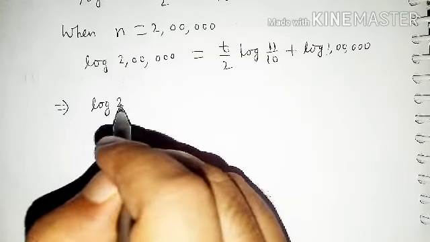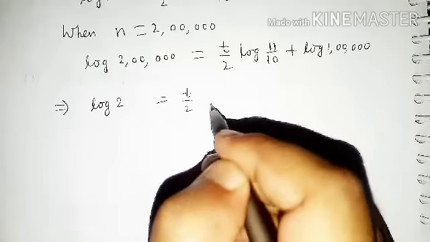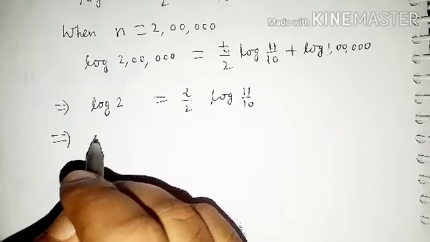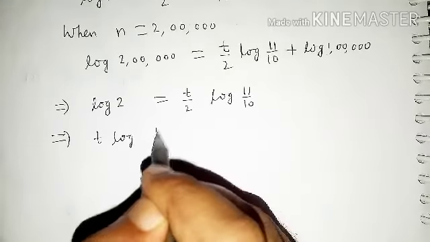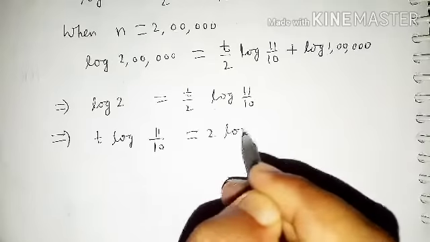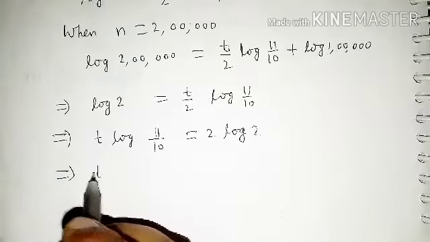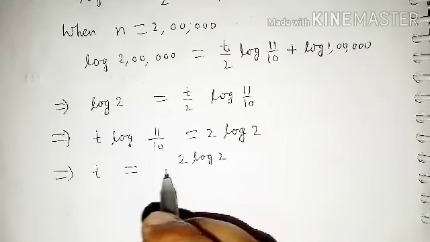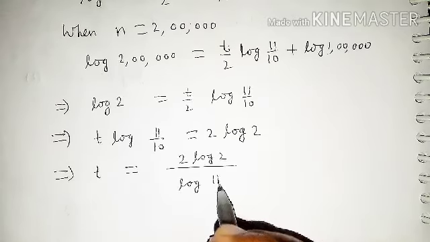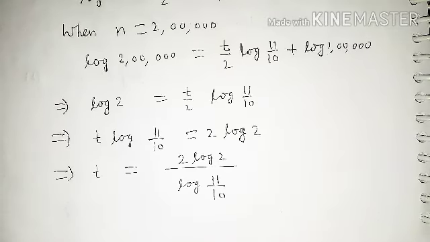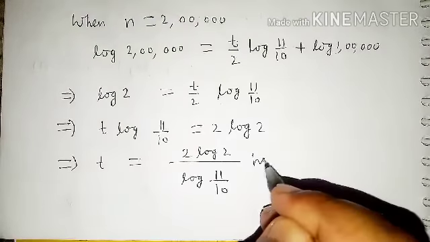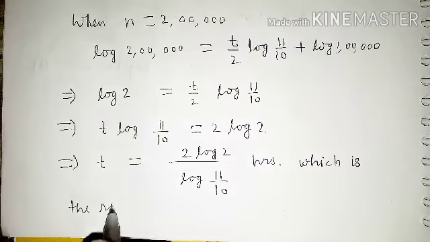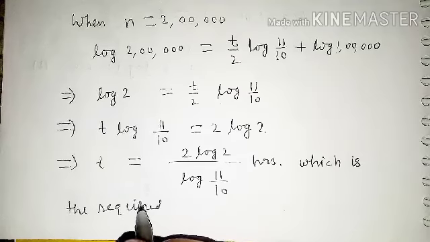So log 2 is equal to t by 2 log 11 by 10. So we have t log 11 by 10 is equal to 2 log 2. From here we have t is equal to 2 log 2 by log 11 by 10 hours, which is the required time.